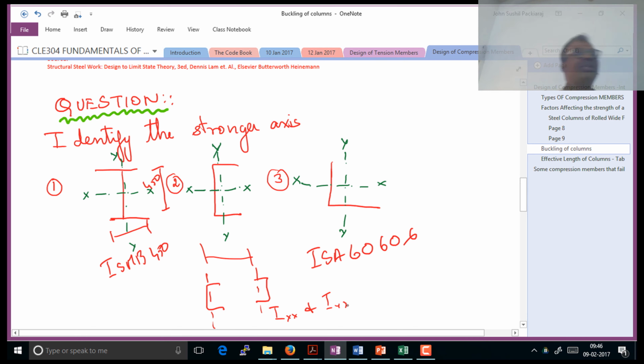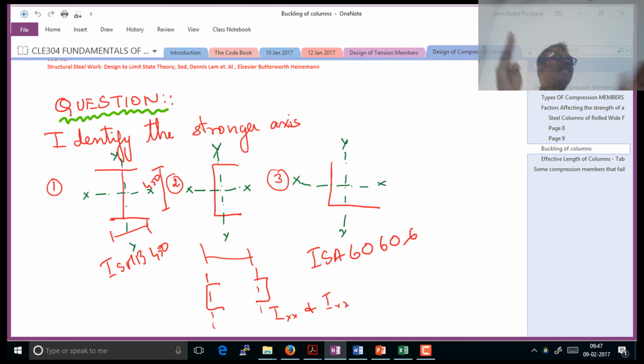So the principle you need to learn here is, to design a column, you have only one thing to play around with. For taking the compression, you need to provide minimum area. Area you cannot compromise. But to control buckling, you should play only with your I value.